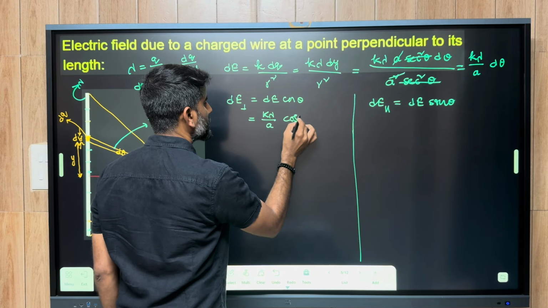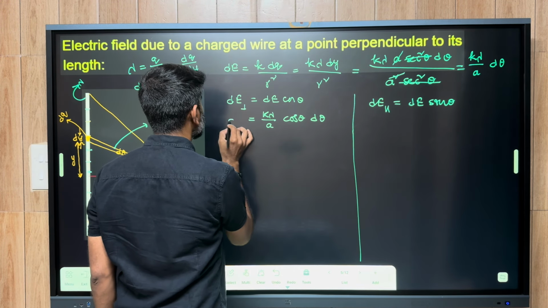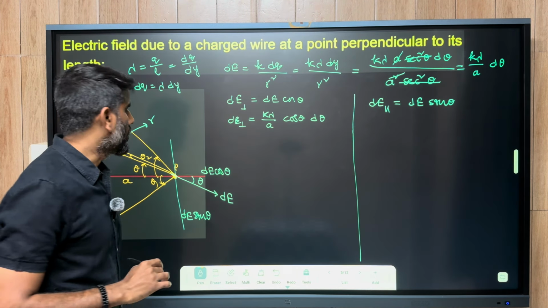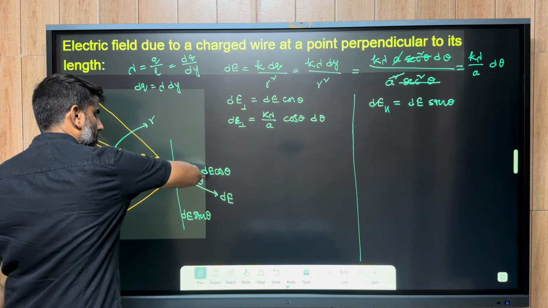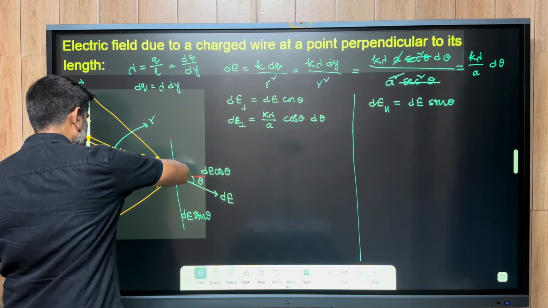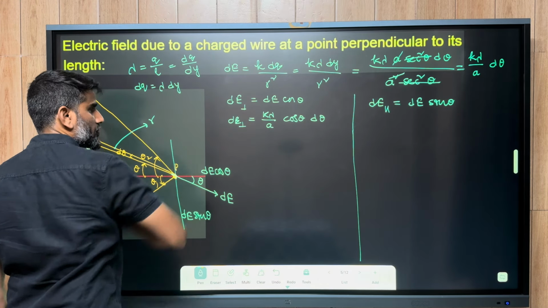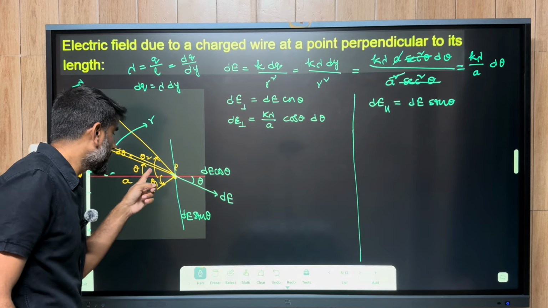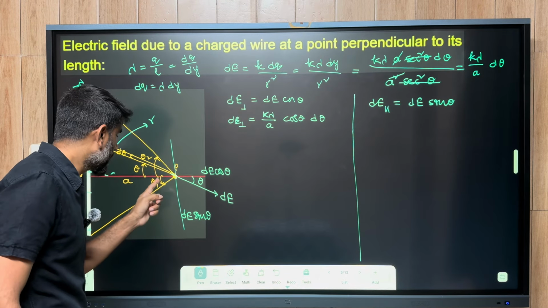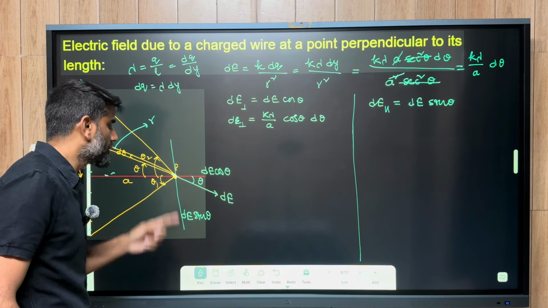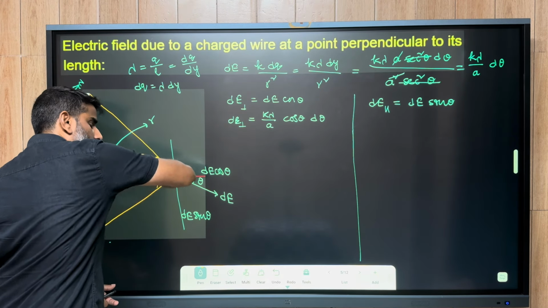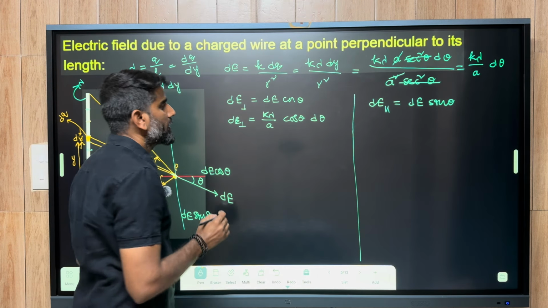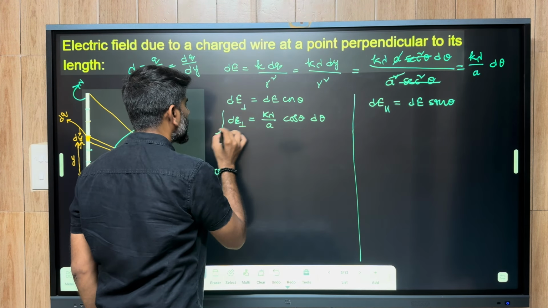Here we have cos theta d theta, which is nothing but dE perpendicular, right? Now the angle is changing from the perpendicular line to the negative side and the positive side. To represent negative and positive measurement of angle, I have mentioned the arrows here: below counterclockwise, above clockwise. Anyway, I'm going to use the integration here.